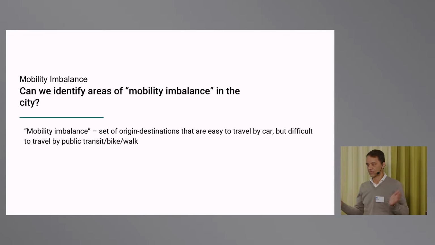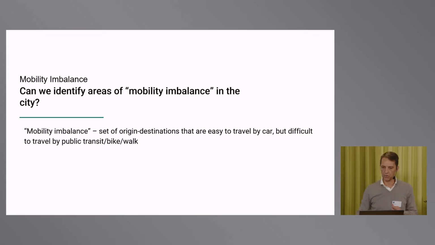And typically the travel time tends to be quite short because you can choose the shortest road distance. Or otherwise, you have to use public transit, possibly integrated with walking to the closest transit station or biking. So sometimes, and we define imbalance, this notion of you have a big difference between the travel time by car and the travel time by transit.